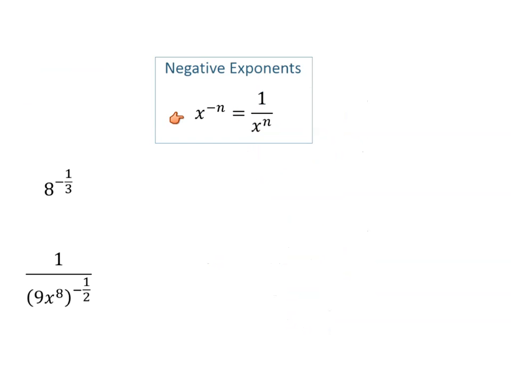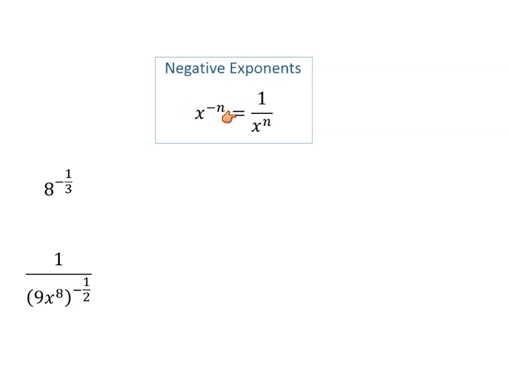So what we have happening is a reciprocal relationship, that when we raise a number to a negative exponent, we're going to get the reciprocal. We're going to get 1 over x to the n.